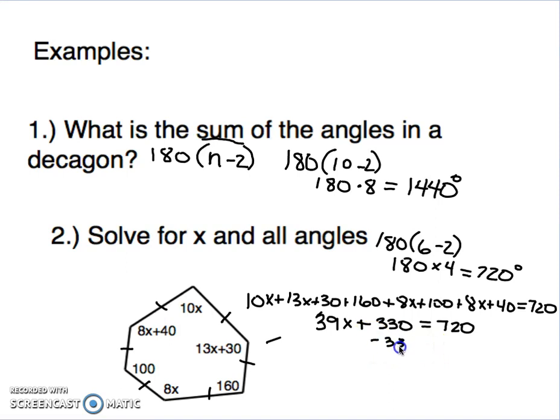So then I'm just going to subtract my 330 from each side. And you should end up with 39x equals 390. So if I divide my 39 off, we would get that x equals 10.